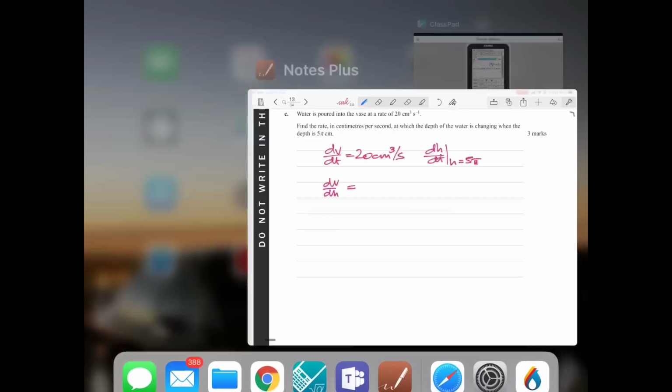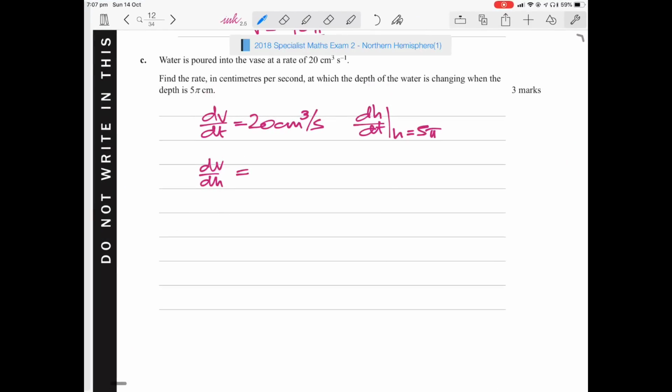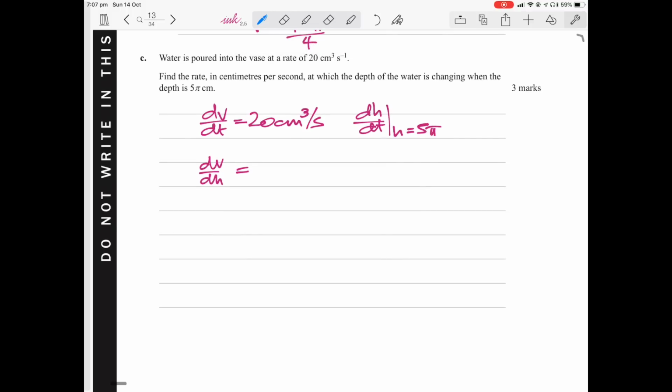And then when the height is 5 pi, when the depth is 5 pi, so we know dV dH is pi times 1 minus cos y on 10 squared, when y equals 5 pi, which is what we just found out. dV dH is equal to pi.